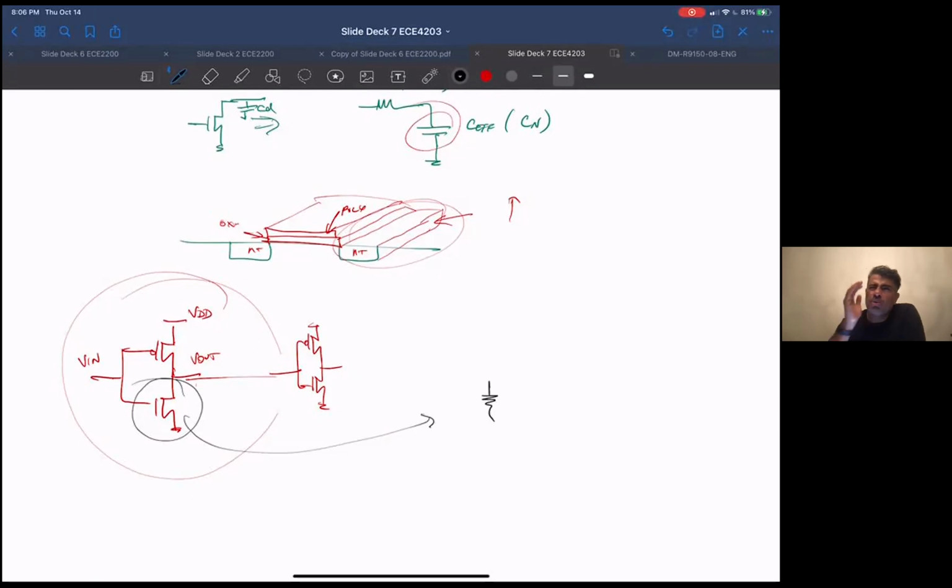I don't think of it as a load line. It's not a load line in that sense, because a load line would assume that you have a resistor existing in series with your NMOS. So that would be a load line. What we're doing here is something really hokey.